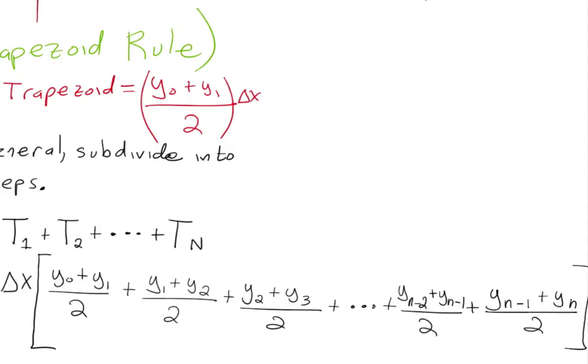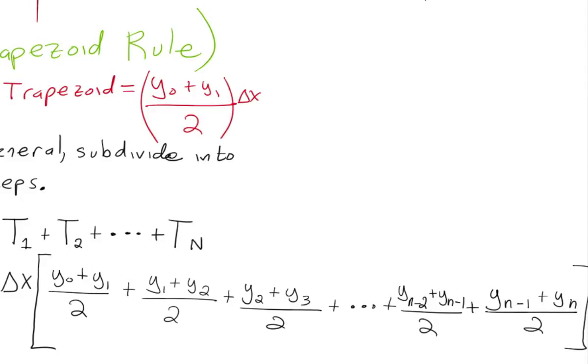What else do you notice about all those inside? There's 2 of each term except for the first and last one. Exactly. So there's 2 y1s, 2 y2s, 2 y3s, 2 y4s, until the last one. So there's only one of the first one, one of the last one, but all the other ones you have 2 of each.